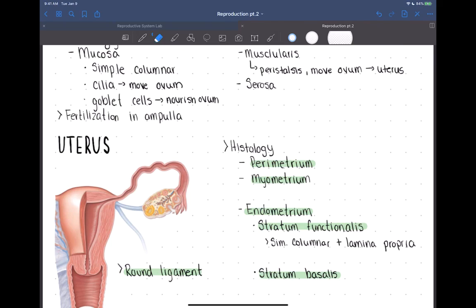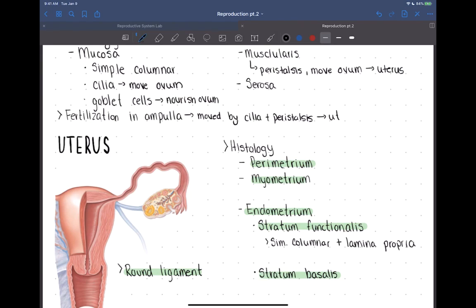Okay, and so once that ovum has been fertilized, now it's going to be a blastocyst, it is going to be moved by peristalsis and those cilia towards the uterus, okay?